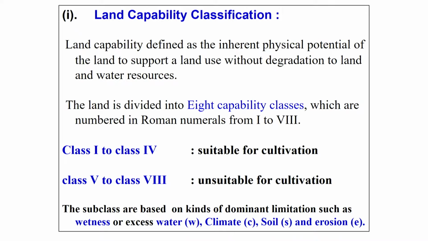First is water limitation, meaning excess water, for example wetlands. Another is climatic limitation, for example arid climate and humid climate. Soil limitation means depth may be a limitation, or texture may be a limitation, because if your texture is very coarse or very fine clay, then different kinds of crops can be grown. And erosion, a degradation factor, is also taken into account.